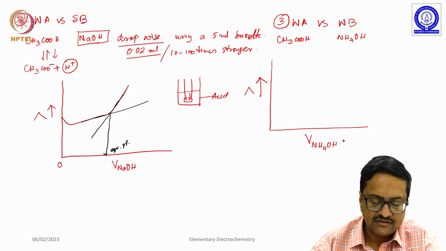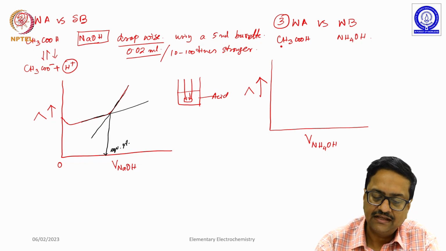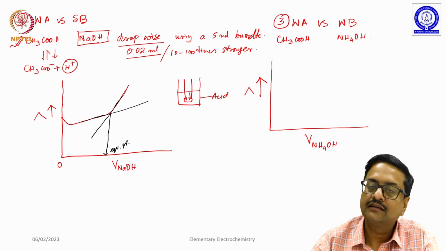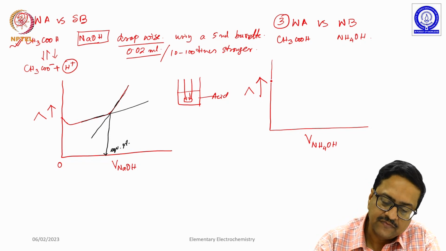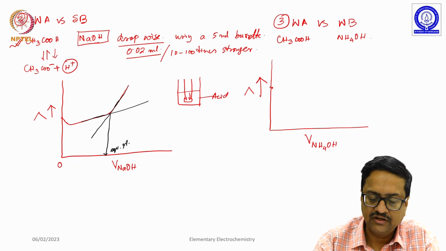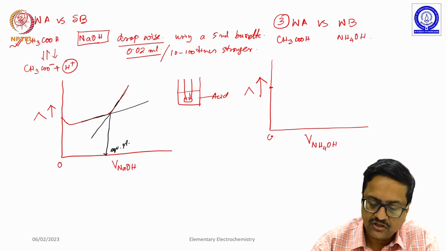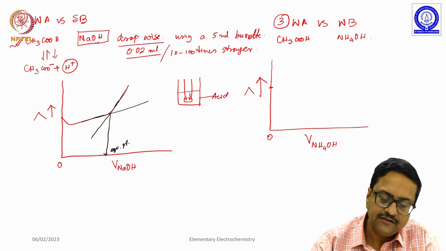See, initially what is happening? We have acetic acid dissociated as acetate and H plus ions. So we will have a moderate conductivity somewhere here with zero volume of ammonium hydroxide.